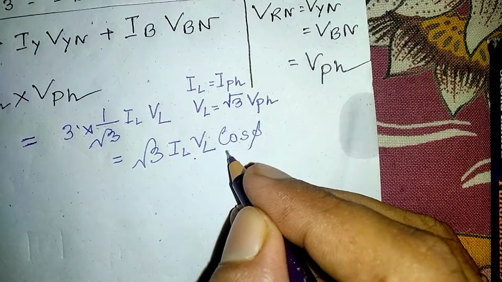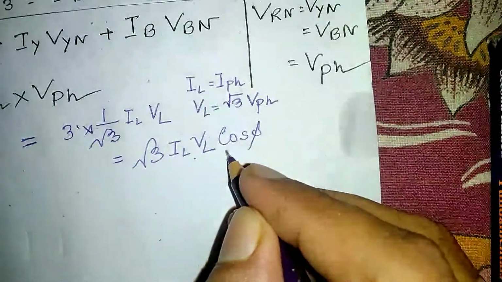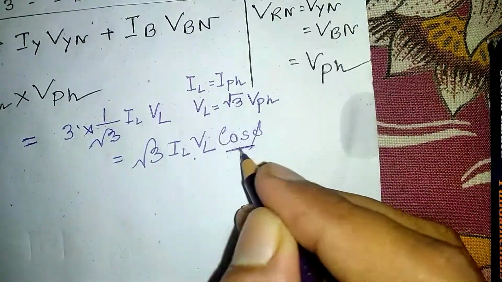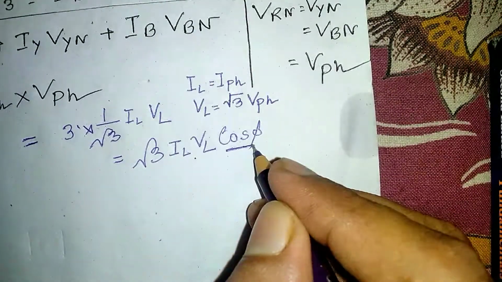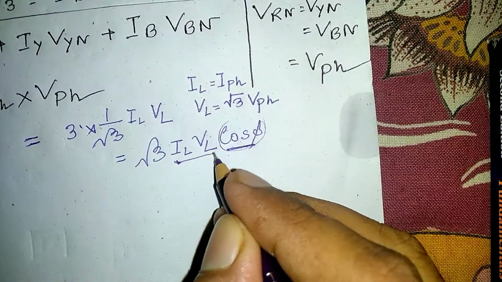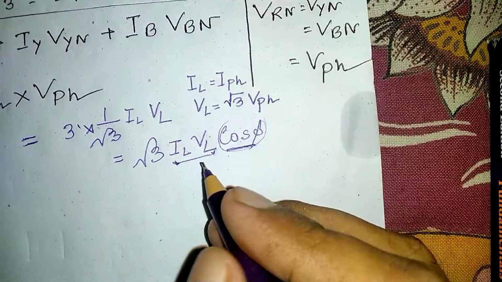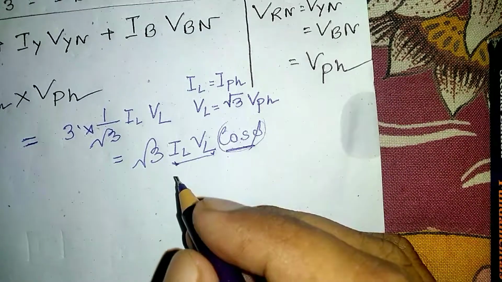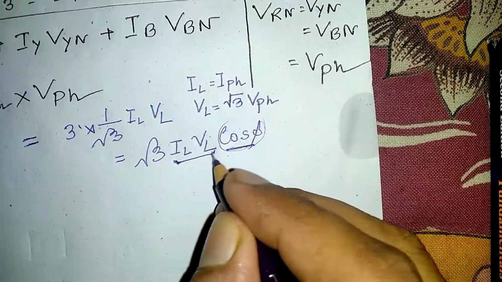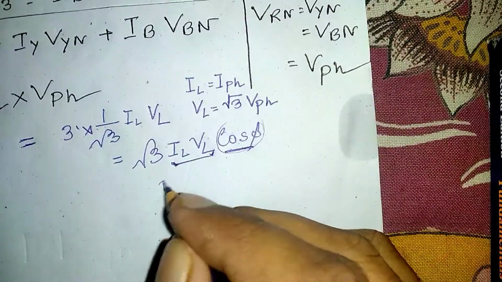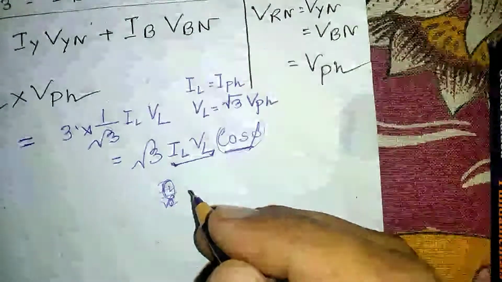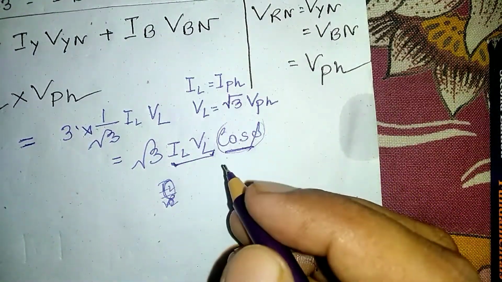In the next video, I will discuss elaborately where this cos phi comes from, why I have to multiply by cos phi, and also why it is IL into VL. To calculate the power of a system, why do I have to multiply IL with VL, and why is it not IL by VL? In my next video, I will discuss all these things in detail.